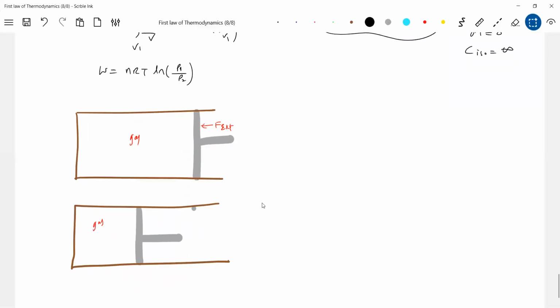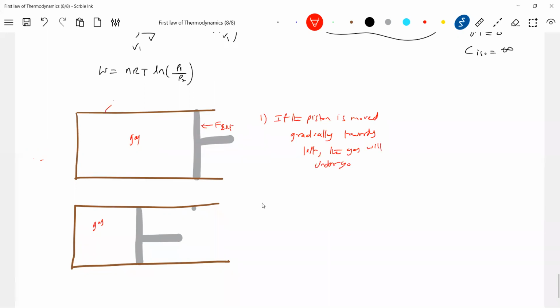If the piston is moved gradually towards left, there is an iron conducting cylinder.